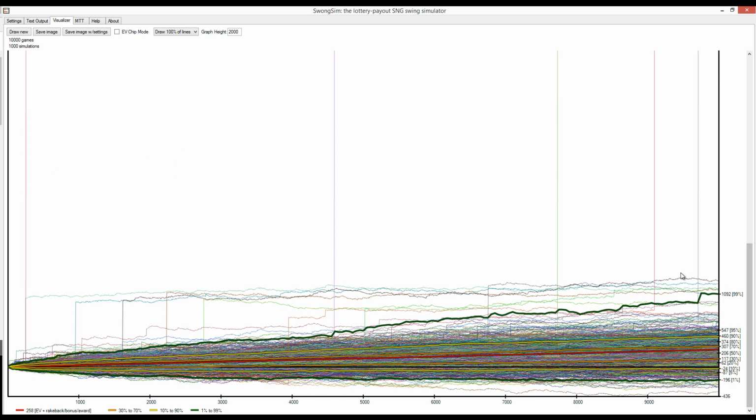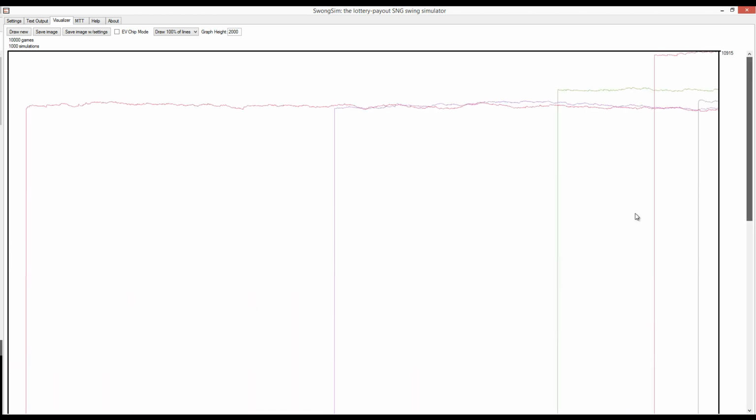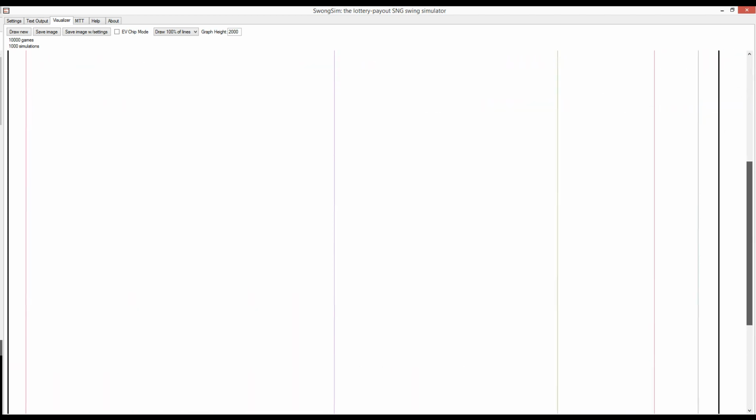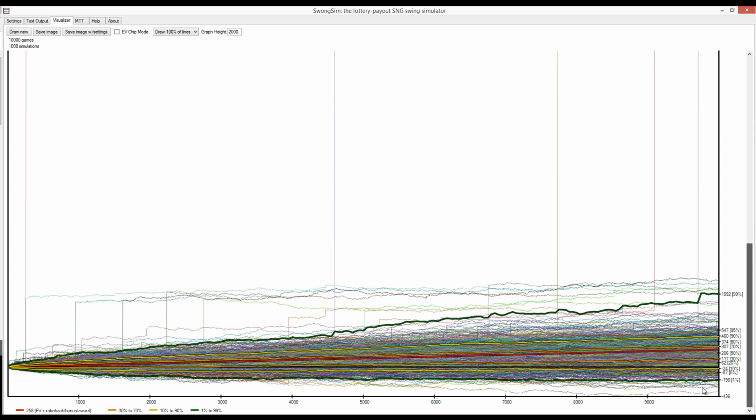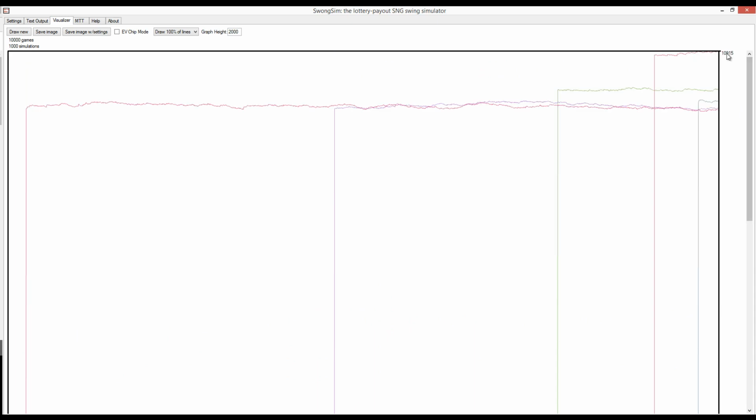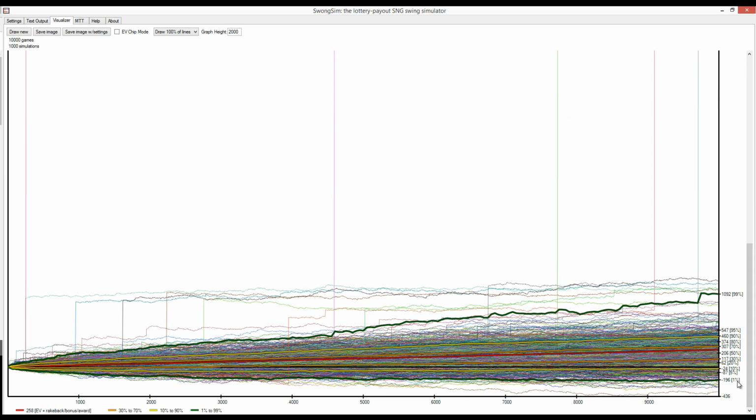And that's sort of how variance works in spin and goes, is that the players who are over EV are often very, very over EV. But you're more often under EV, but not by as large margins, right? Like, you're not going to be 10,000 buy-ins under EV, but you can be 10,000 buy-ins above EV.